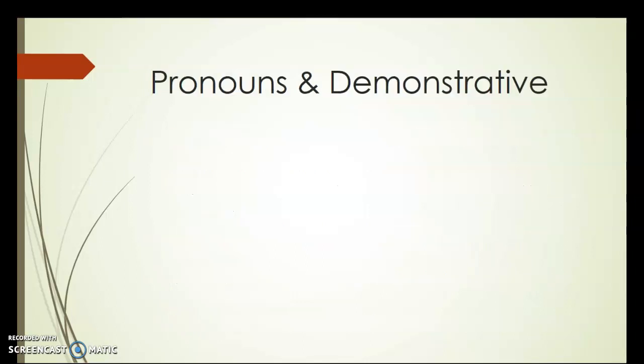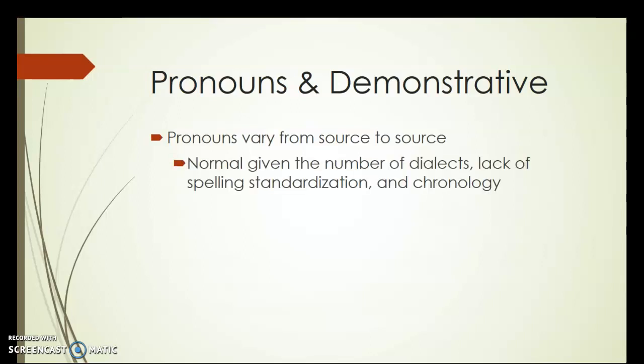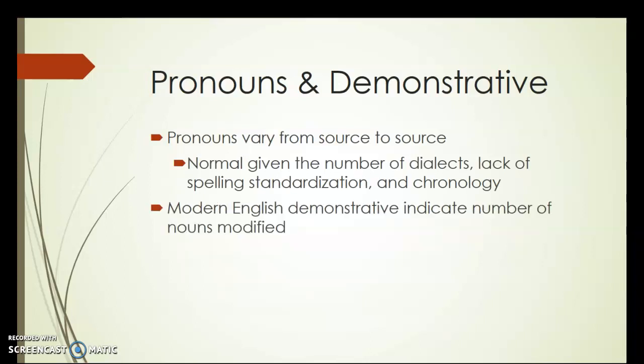Okay, so pronouns and demonstratives. With this in mind, let me just say that pronouns are inflected according to gender and number, similar to modern pronouns. Okay? He, she, it demonstrates gender for singular subjects, and they just tells us number. Okay? Modern English demonstratives indicate the number of nouns modified.